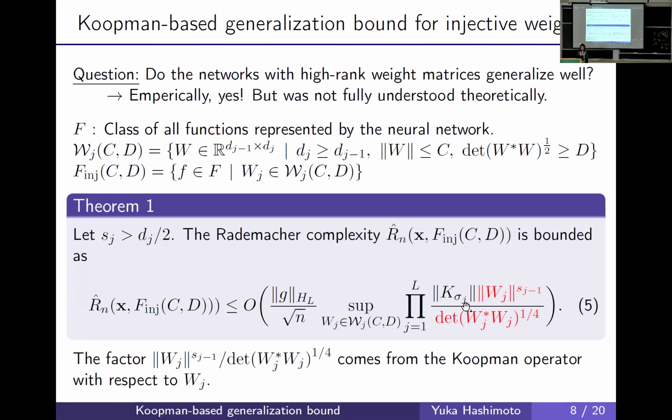We have the determinant of the weight matrices in the denominator of the bound. And this determinant term is coming from the Koopman operators. And it means that even if the weight matrices have large singular values, the bound can also become small.